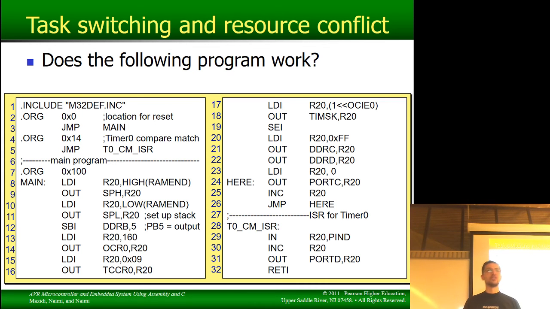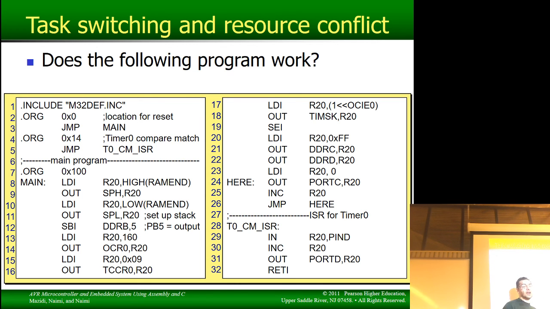So the question is, does this work? Well, why would I ask the question if it didn't work, or if it did work, right? There's a problem with this. The more astute of you might notice the problem. Anybody want to take a stab in the dark at why this program doesn't work? I mean, it's perfectly legitimate. This loop is going to work just, well, it's not really a loop, right?